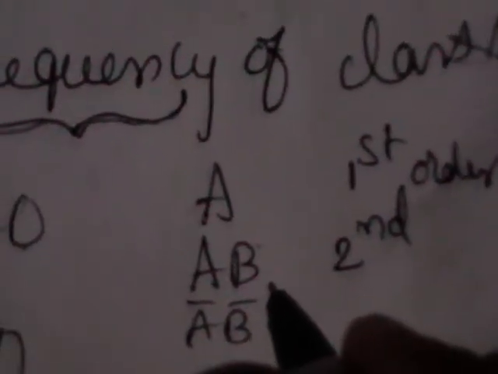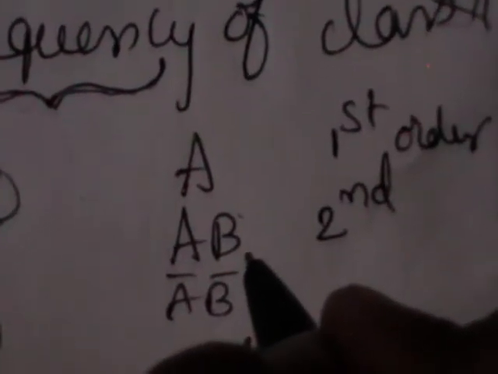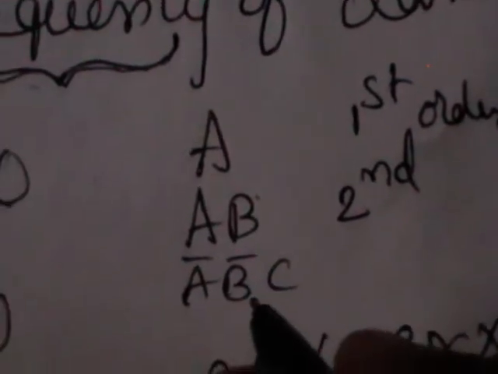If I write AB, there are two attributes, so we call it second order. The number of attributes associated in any class is called its order. A indicates first order, AB second order, ABC third order.